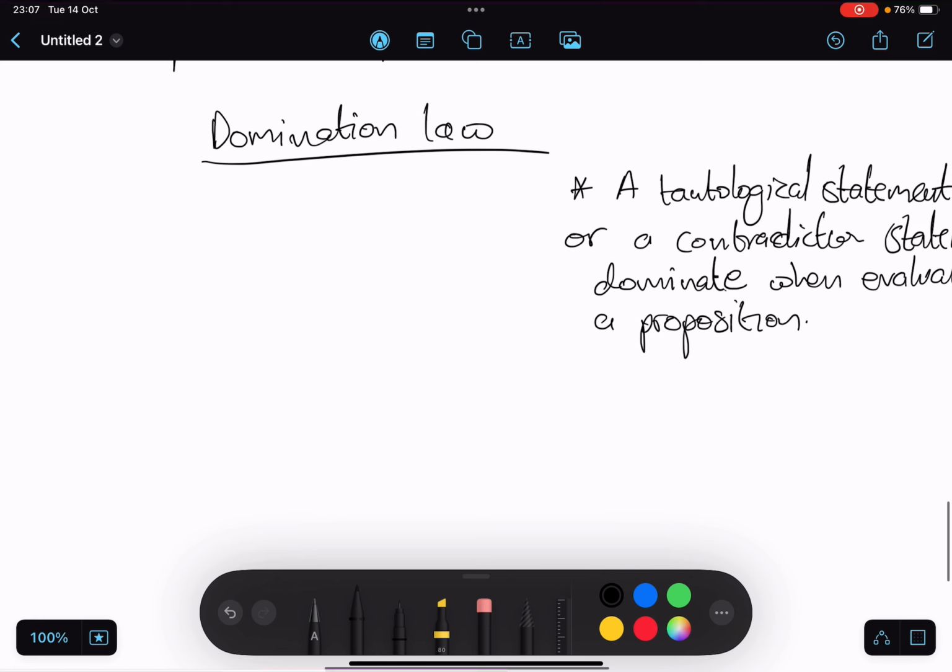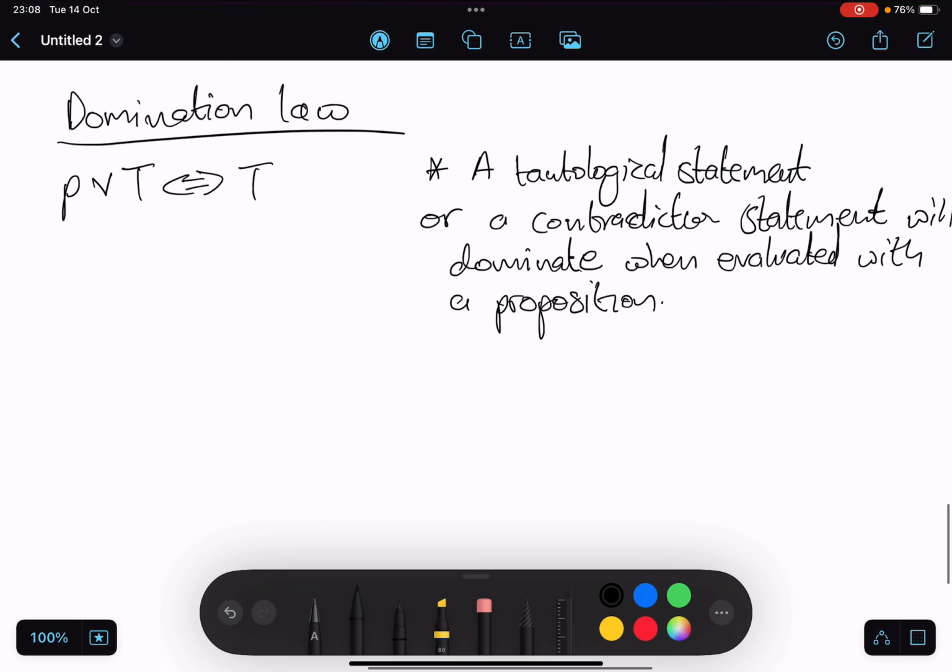So with the domination law, we have P or T, which is logically equivalent to T. This tautological statement will dominate.